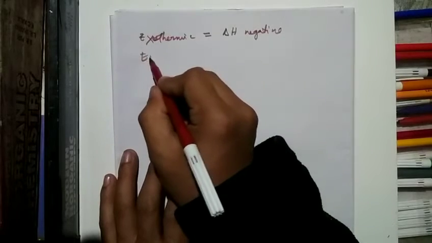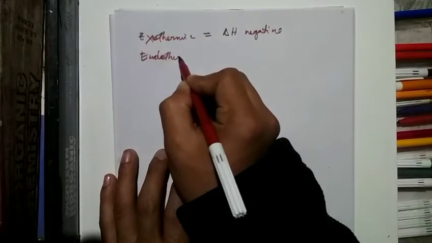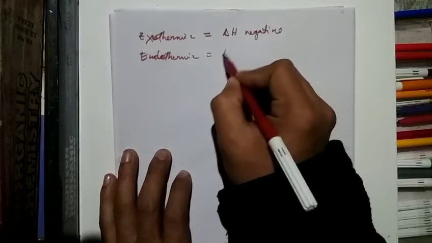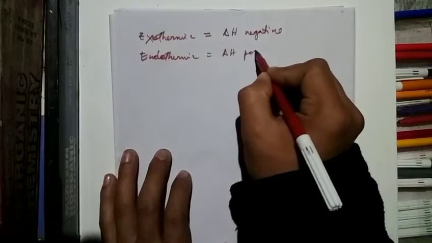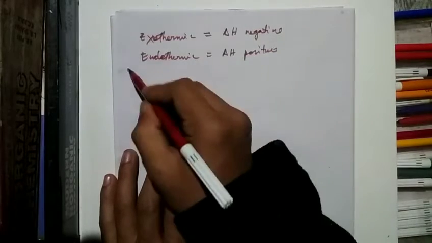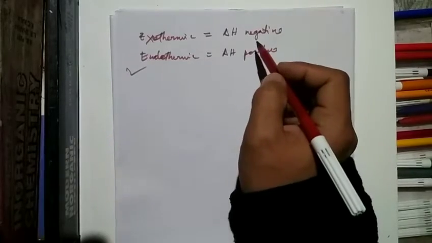And endothermic will be opposite, so delta H will be positive. So please remember this one.